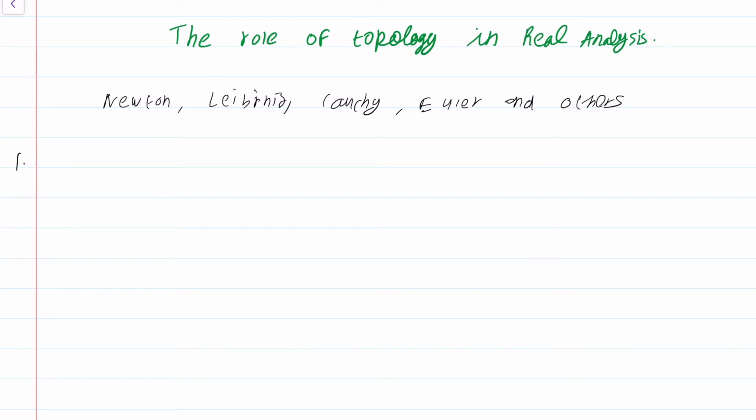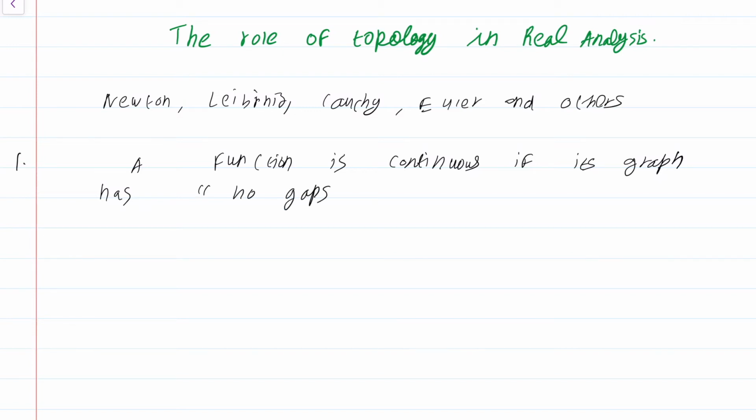1. A function is continuous if its graph has no gaps or jumps.